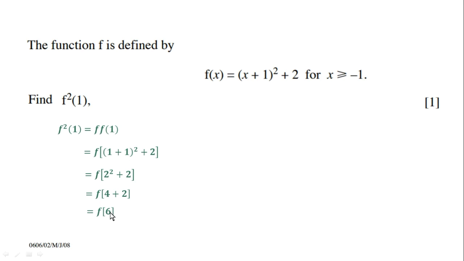Meaning 6 will be our input into f. Finally, 6 plus 1 squared, and 6 plus 1 is 7. 7 squared is 49. 49 plus 2 will give you 51. So the value of f squared of 1 is equal to 51.